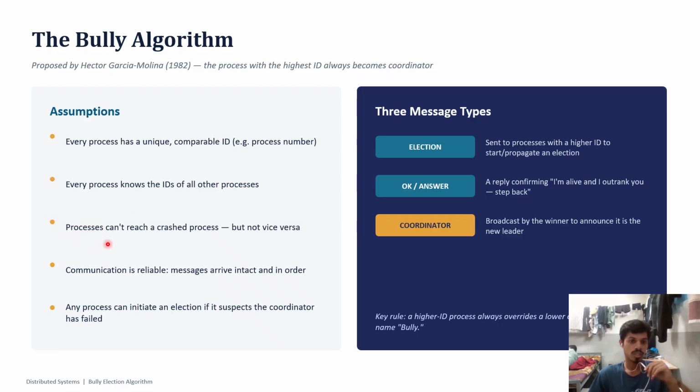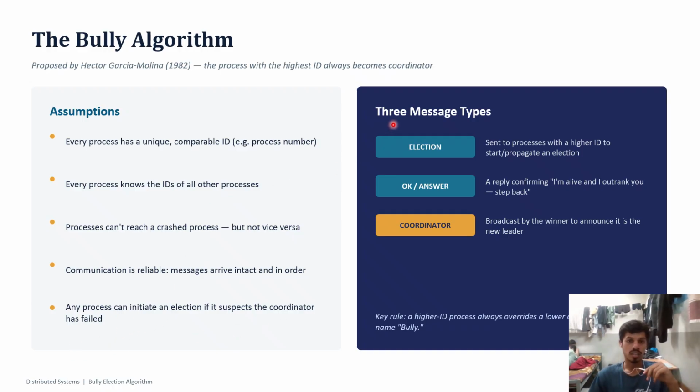Next, a process can reach a crashed process, but not vice versa. Communication is reliable, meaning messages arrive intact and in order. Next, a process can initiate an election if it suspects the coordinator has failed.